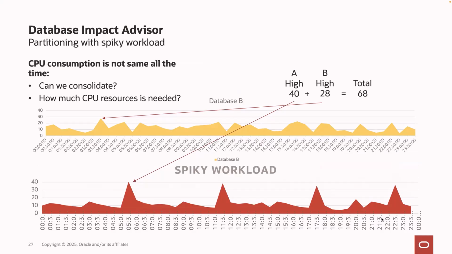So if we see both these spikes, we see that, okay, we need 40 times 28 cores, that means an increased workload. But in reality, what we can do is, the peaks are not aligned. Therefore, it is possible to reduce.